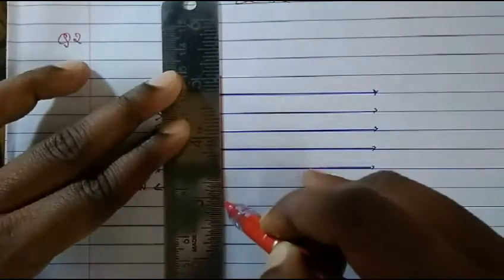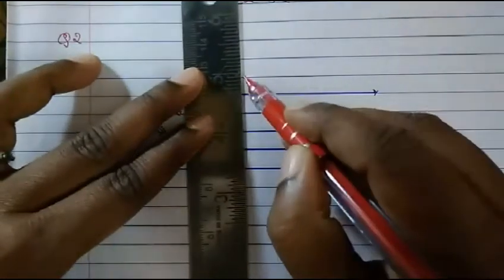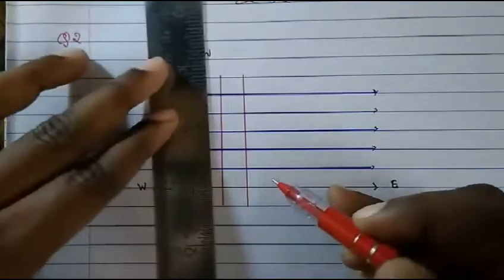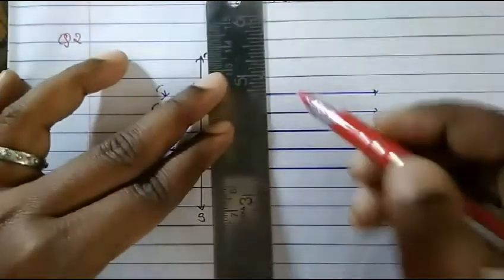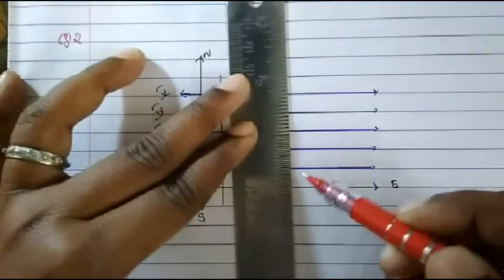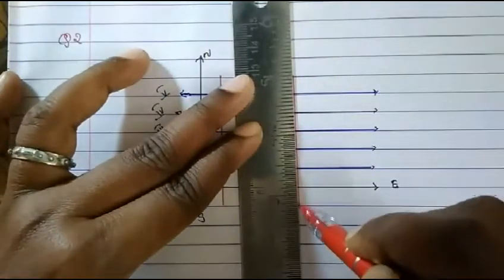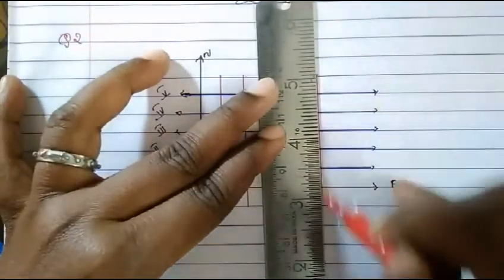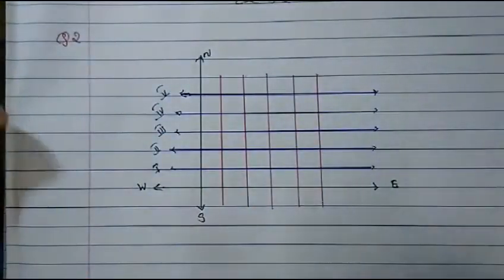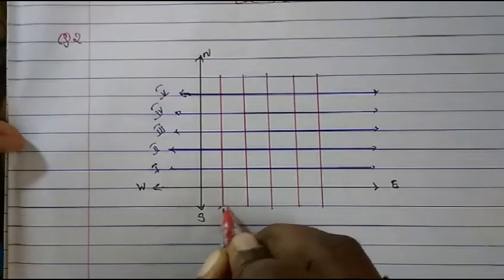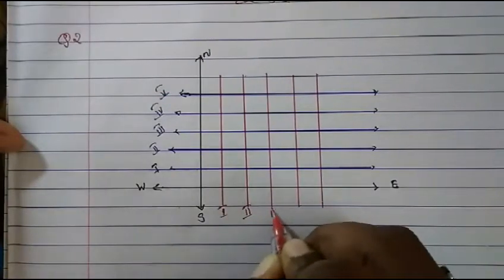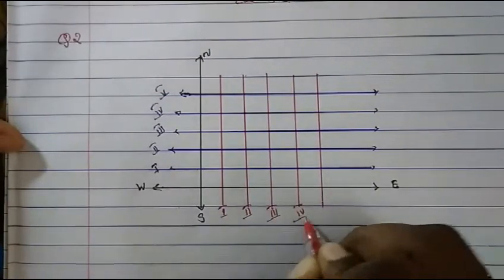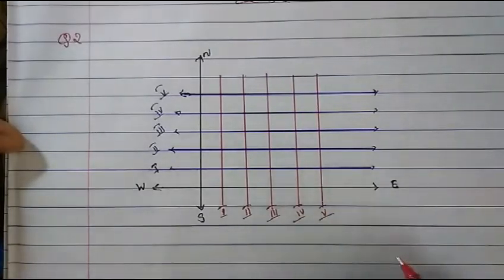So you have to draw 5 streets: 1, 2, 3, 4 and 5. So this is first street, second street, third street, fourth street and fifth street.